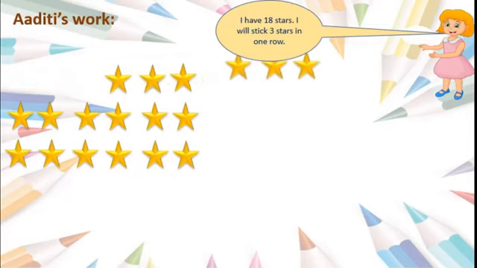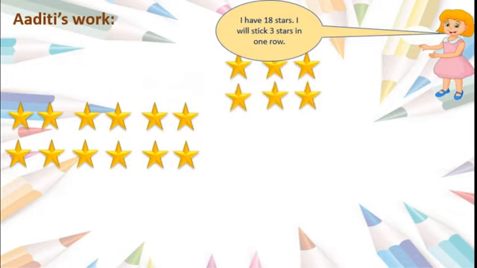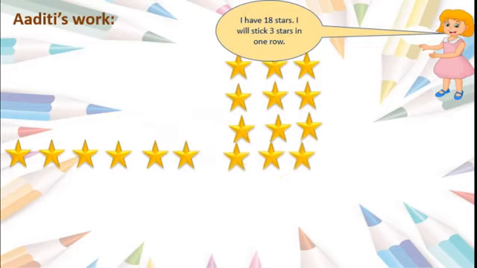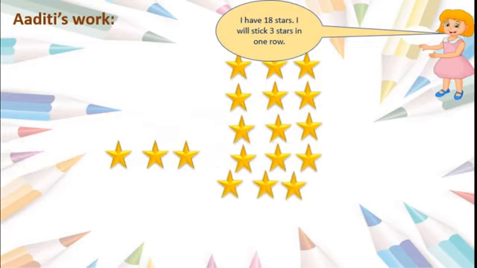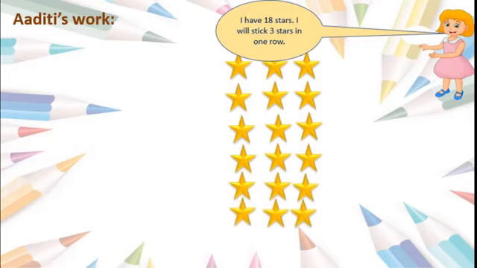Okay, this is the first row. 3 stars. Here second row. Third row. Fourth. Fifth row. And the sixth row. See, she stuck all 18 stars in 6 rows and in each row she stuck 3 stars. Right? We will see here by the method 18 divided by 3. Now we have to recite the 3 times table.